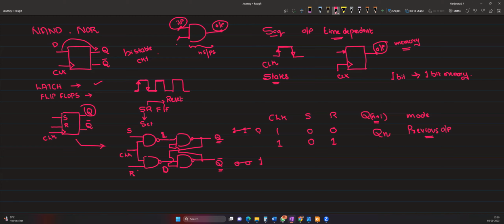Previously, let me consider it was initially 0. With 0 as an input, it will become 1, and this 1 will be fed here. So 1, 1, 1, it will become 0. So whenever it is 0, 1, it will remain 0, 1.